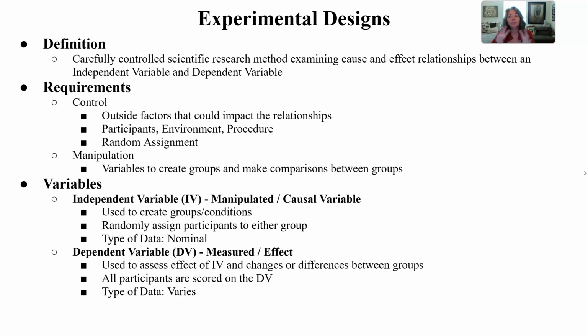And so we're going to compare, let's say it's a drug that's going to impact mood. So we're going to compare how mood differs between our control group, our 25 milligram group, and our 50 milligram group. So that's how we manipulate the independent variable.